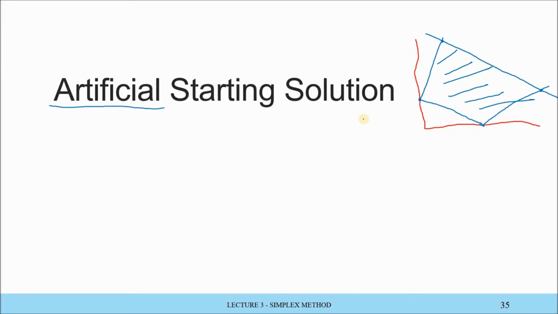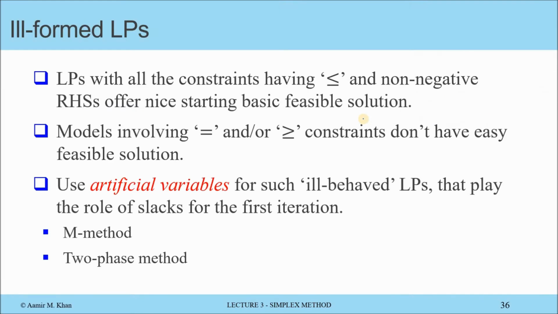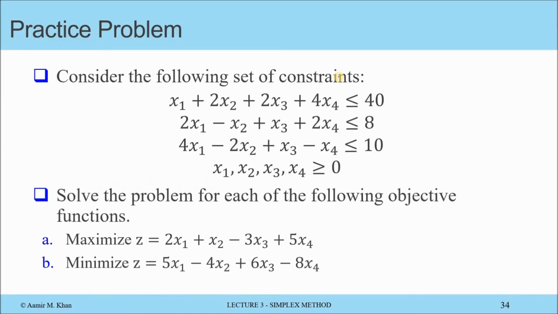Normally, if you remember from the previous cases, all of the linear programming problems that you have discussed before had constraints with a less than or equal to sign. Again, go back and you can verify this easily.